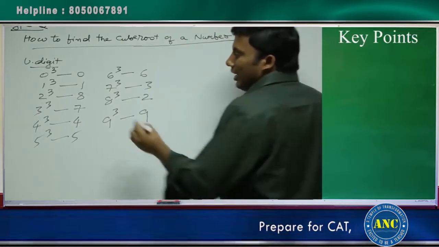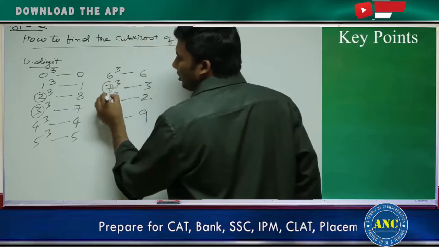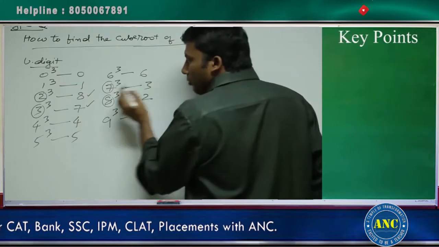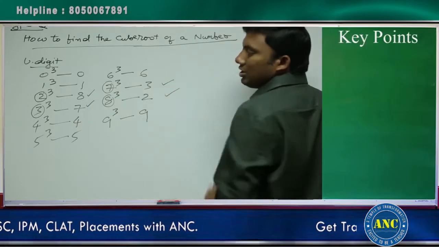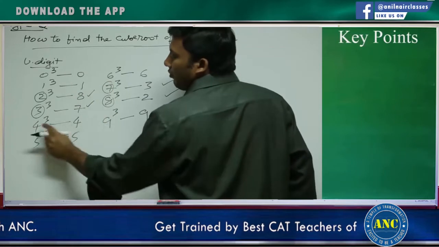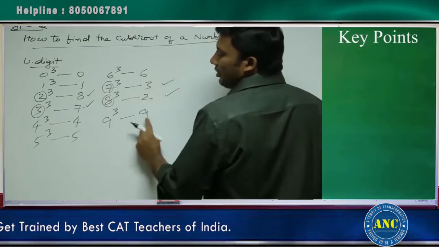Observe carefully. A perfect square never ends with 2, 3, 7 or 8. Identify 2, 3, 7 or 8 on the left hand side. Only these numbers on cubing give a different unit digit. 0 cube is 0, 1 cube is 1, 4 cube is 4, 5 cube is 5, 6 cube is 6, 9 cube is 9.